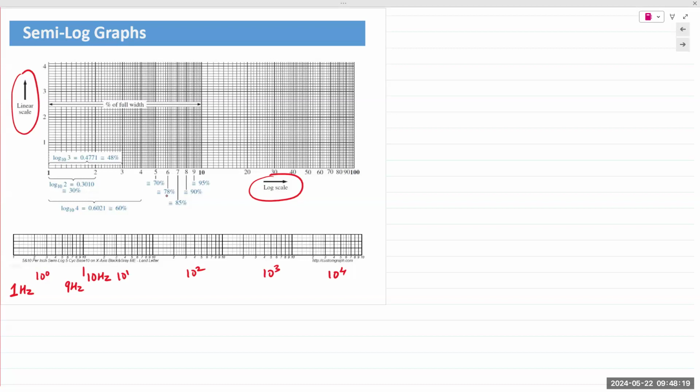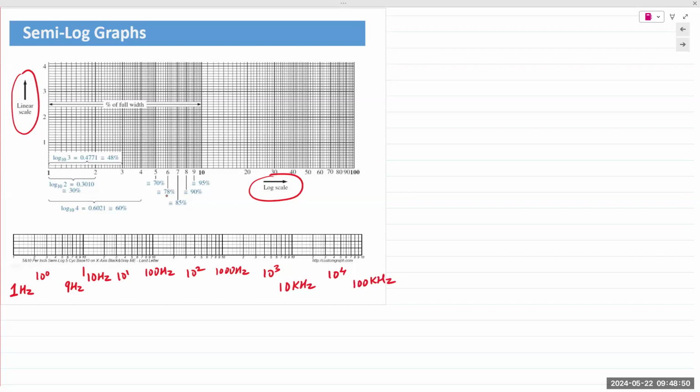Second division is 2, becomes 20. So it's 10, 20, 30, 40, 50, 60, till 100 hertz. Then it's 200, 300, 400, up to 1,000. Then 2,000, 3,000, 4,000, all the way up to 10,000, 10 kilohertz. Then 20,000, 30,000, 40,000, and 100,000, 100 kilohertz.